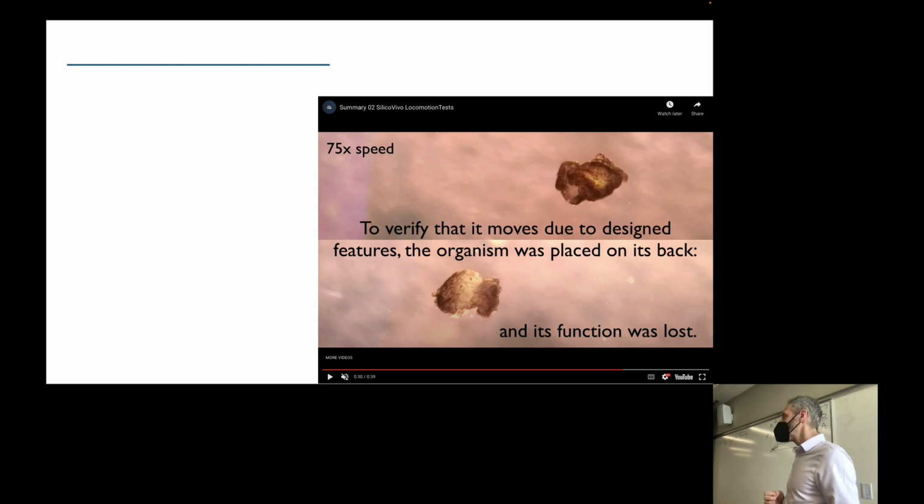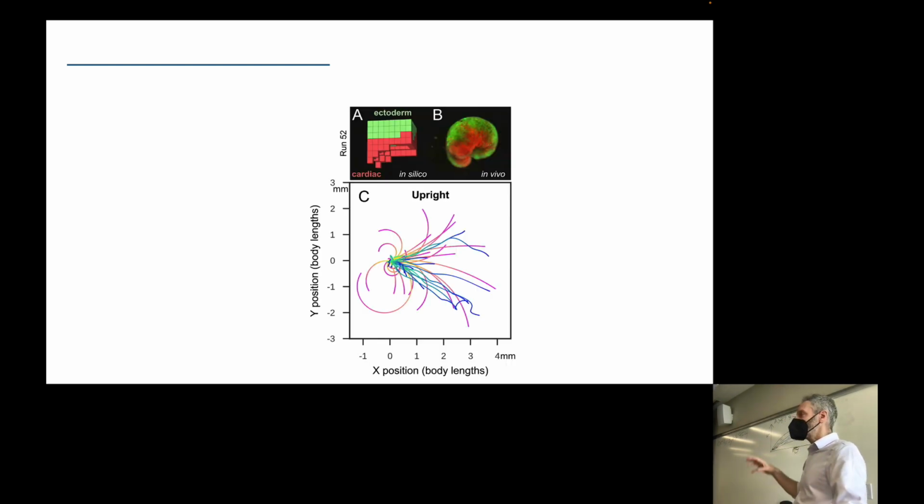Whether they rot or whether they die depends on whether you consider this an organism or not. Okay, so I showed you anecdotal evidence that we crossed the sim to real gap, but anecdotal evidence is usually not enough. So we did some quantitative testing to show that, in general, we could cross the sim to real gap. So Doug built several versions of this design, put them down in the Petri dish, and watched how they moved from an initial position.